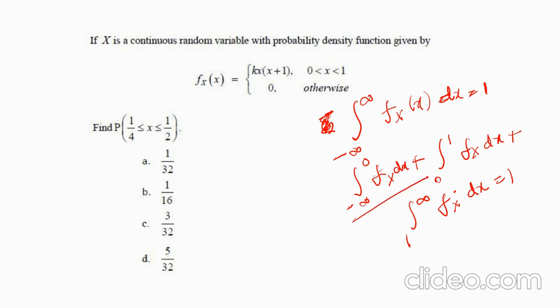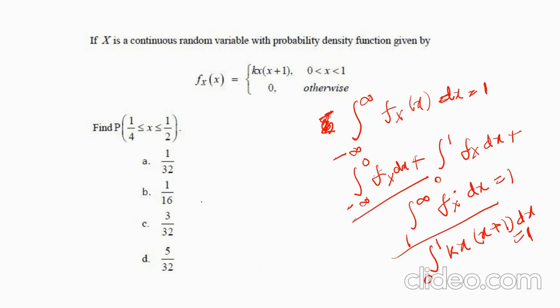Now the value given here is that from 0 to 1 we have something in f(x), otherwise it is 0. So the first and last integrals will be 0. So we will remain with the integral from 0 to 1 of kx(x plus 1) dx is equal to 1.